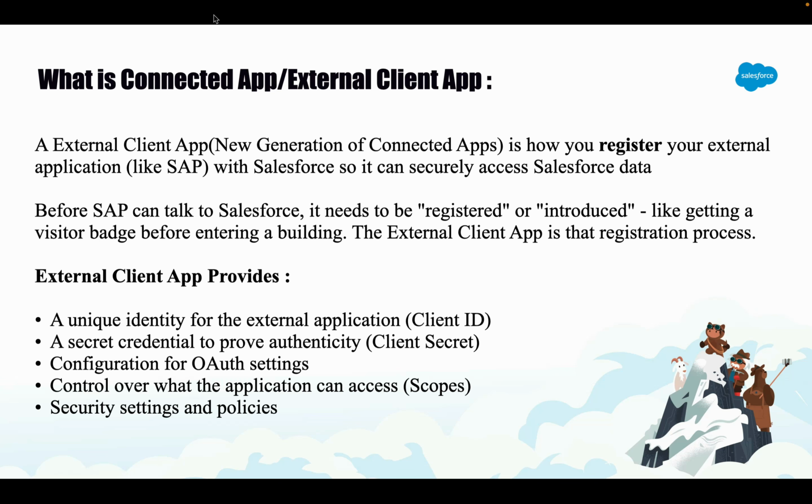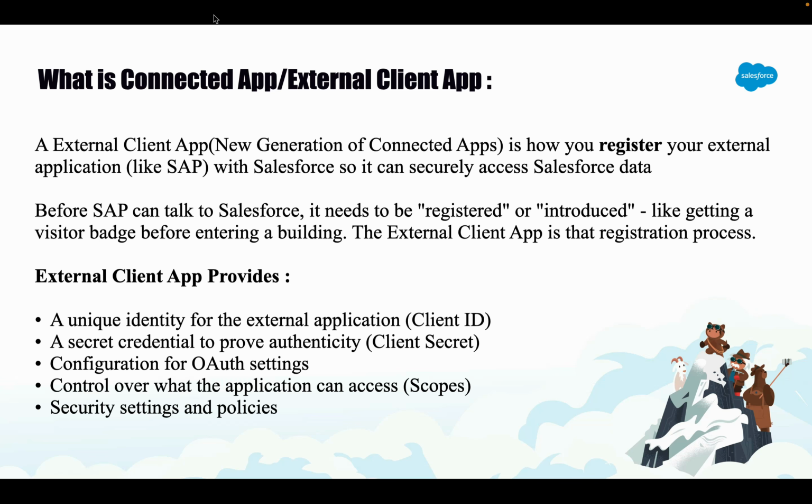Okay, so a connected app is how you register your external applications like SAP with Salesforce. So, for example, let's say your SAP system is trying to access data from Salesforce, hitting the Salesforce API. Before actually hitting, Salesforce needs to register SAP as a connected app or as an external client app inside Salesforce.